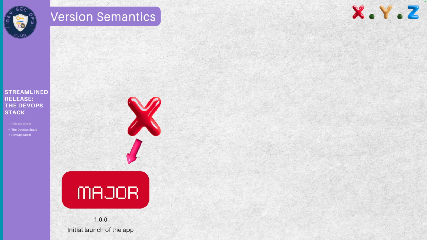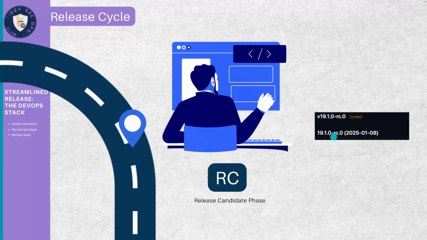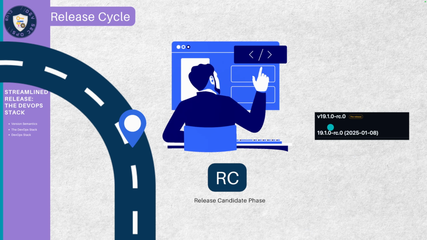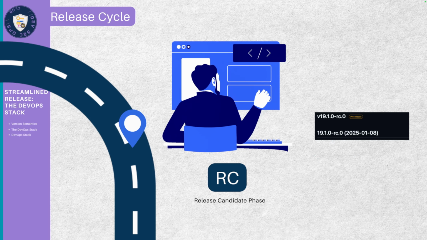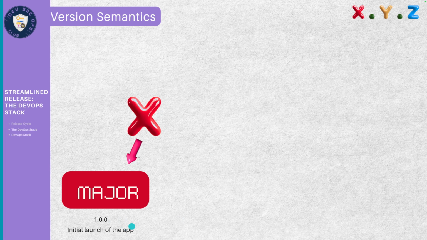When I showed you this one, it says v19.1.0-rc.0, right? So in this way, the semantics are followed. So similarly, the very first time when our app is launched, we say 1.0.1, it's a major version, right? So why is it a major version?